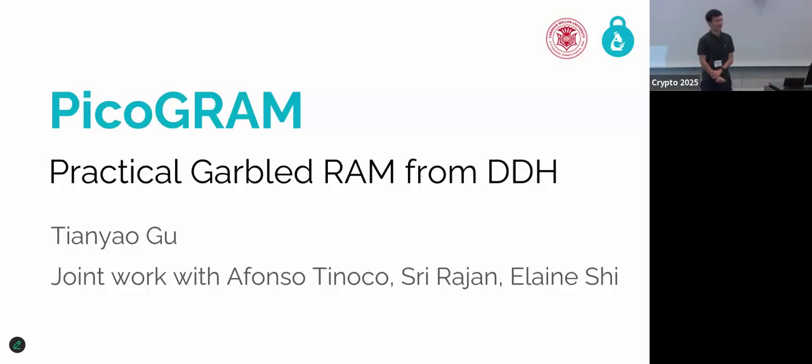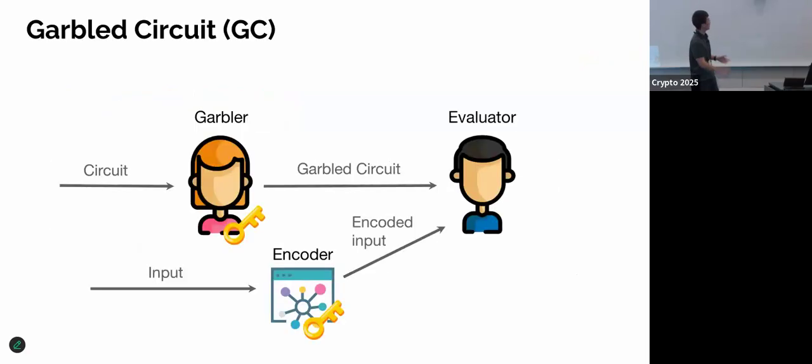Thank you for the introduction. I'm happy to share our work PicoGRAM, a practical garbled RAM from Decisional Diffie-Hellman. So I think previous speakers have made a pretty good explanation of what garbled circuit is, but just let me rephrase it quickly.